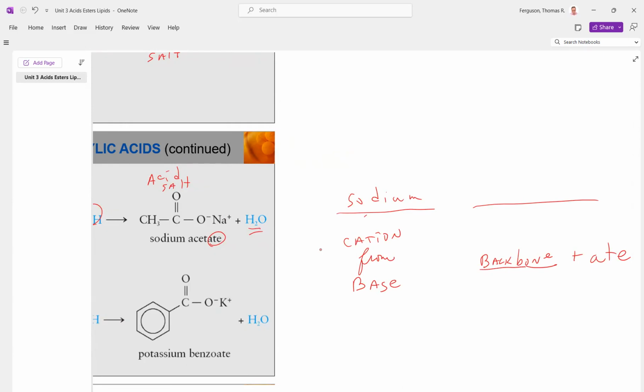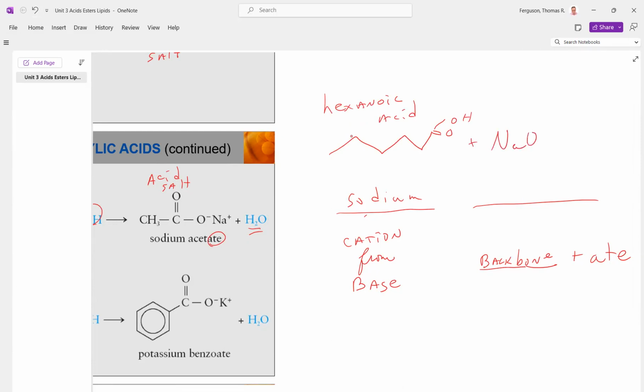Say we had a chain with 1, 2, 3, 4, 5, 6 carbons. So this would be hexanoic acid.